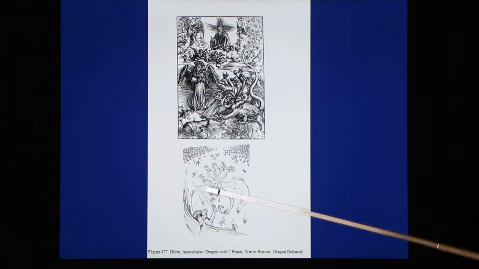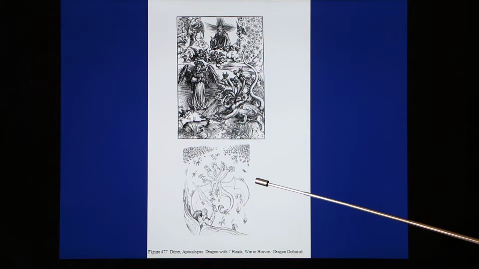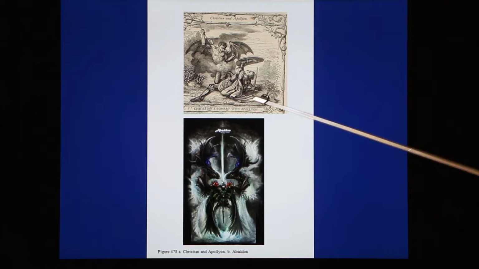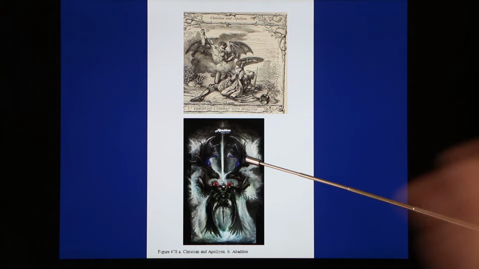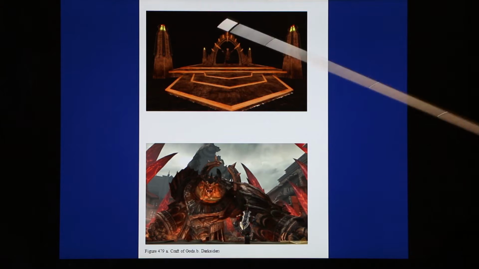And even in modern times, here is a modern Christian trying to draw the dragon defeated, and what does he do? He draws 7 heads. So there is also a fight between Christian and Apollyon, and here is Abaddon. These are more modern versions of this fight, and these same things come up in video games, but that's another story.